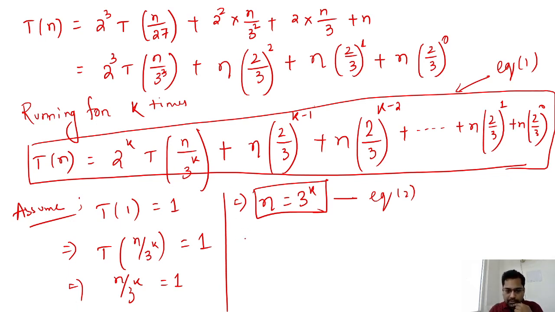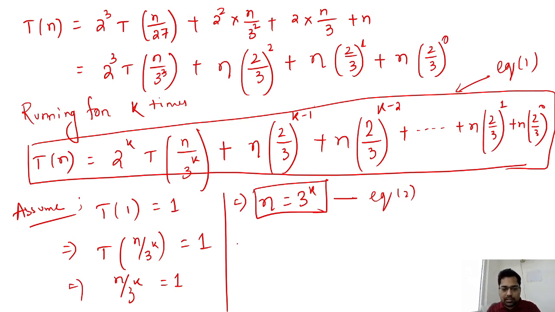Okay, next, to find the value of k, I told you, you can take the log with a base. If you take the base of 3, then log 3 base 3 will be cancelled out by giving the answer as 1.